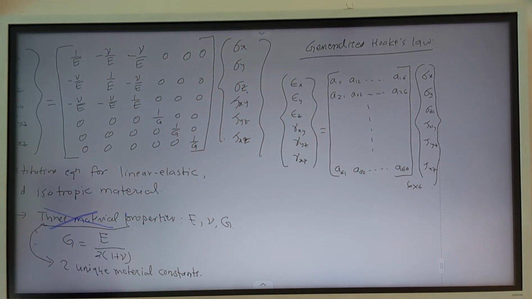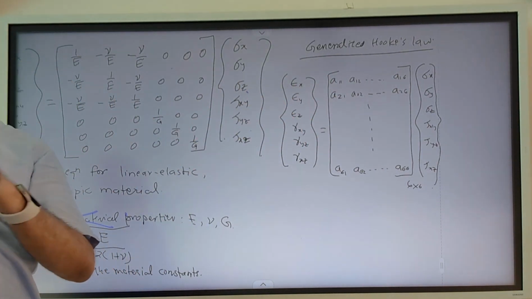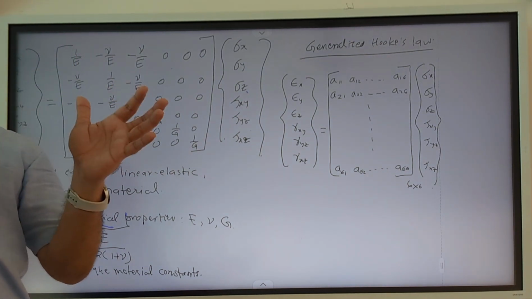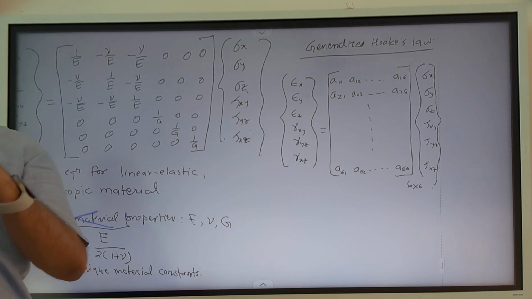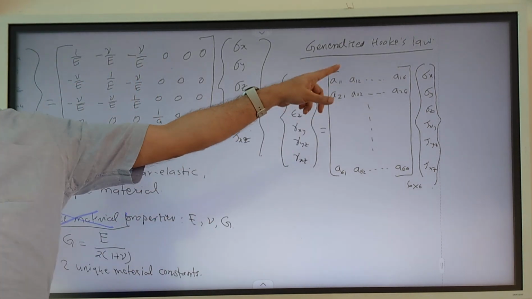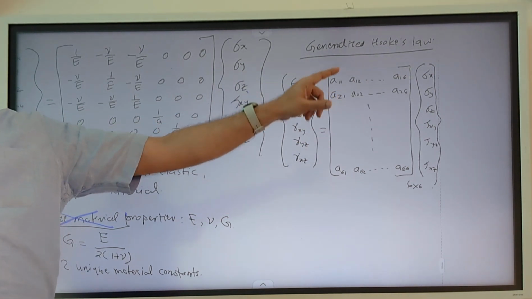So in general, any general material which is not isotropic, not linear elastic, can be related through stress and strain. If you want to give constitutive equations to model that material for your application, typically these materials will be composite materials or more advanced materials. You will require constitutive equations which will have 36 constants.